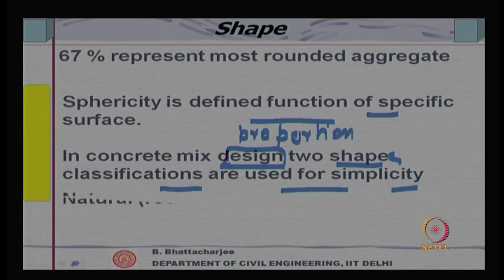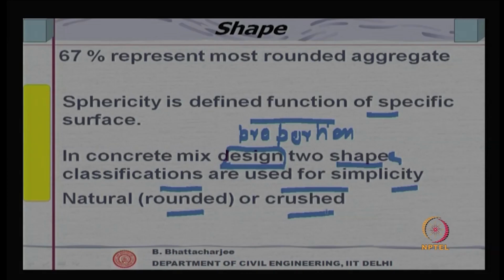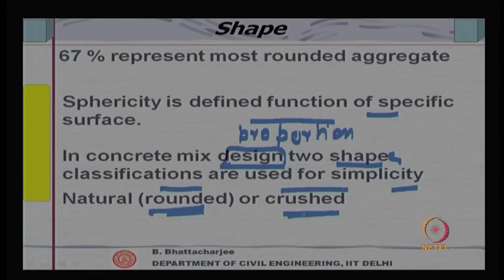These are simply natural, rounded or crushed. Some codes use more than that, but some codes use simply two classifications, rounded and crushed. So, from the shape point of view, qualitatively we can talk in terms of simply rounded and crushed, or then there are many other classifications in between, subangular, angular, etcetera.